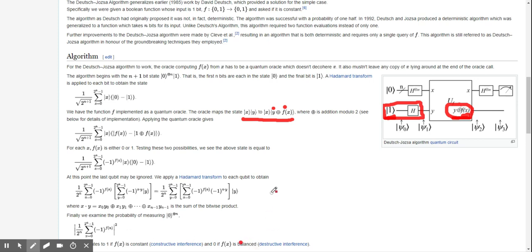It means it outputs zeros half of the time and ones half of the time. Then you're getting 0 as an answer.